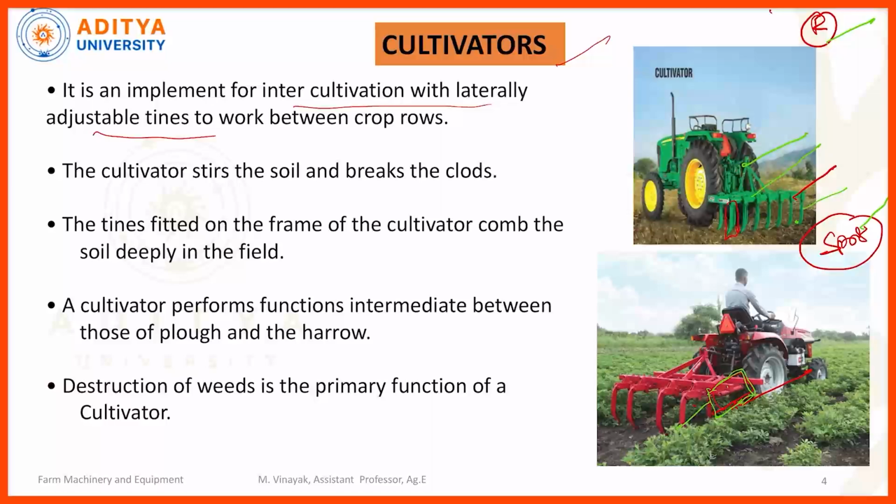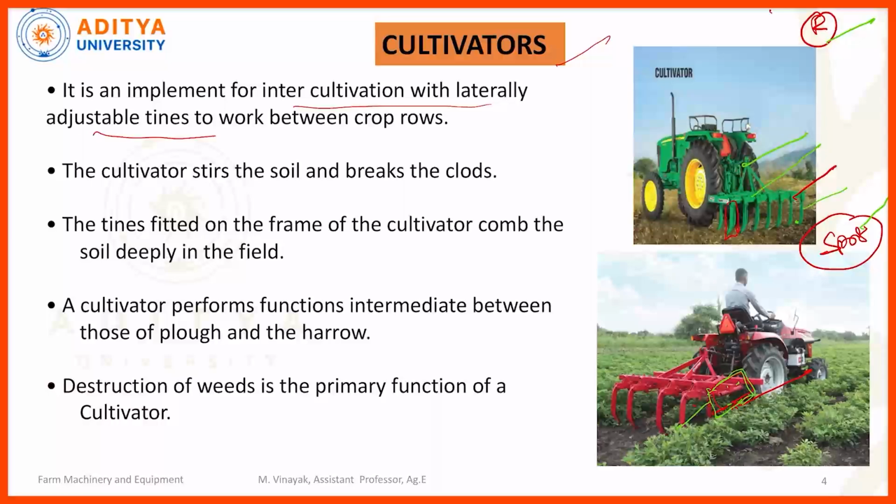Where the soil contains mostly rocks and pebbles, we can go for the spring tine cultivator. The spring's compression force acts on the frame, so that the tillage tool may not be damaged.